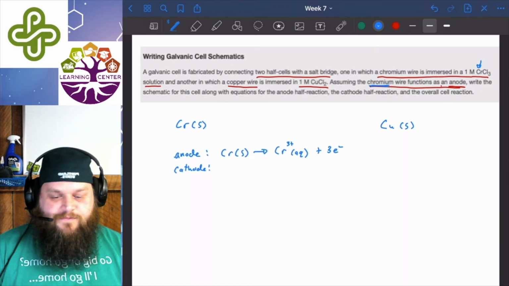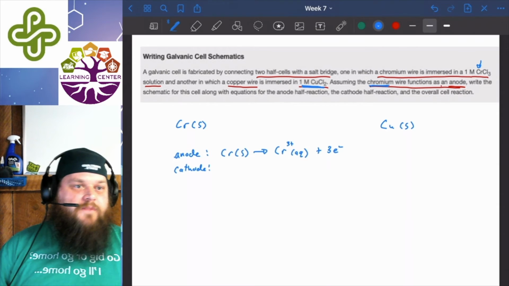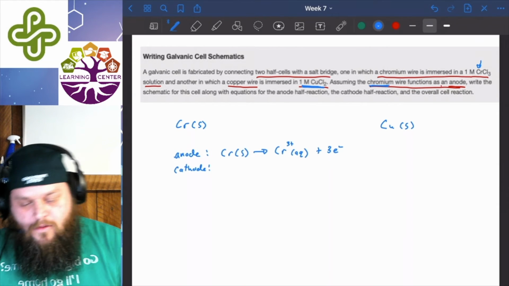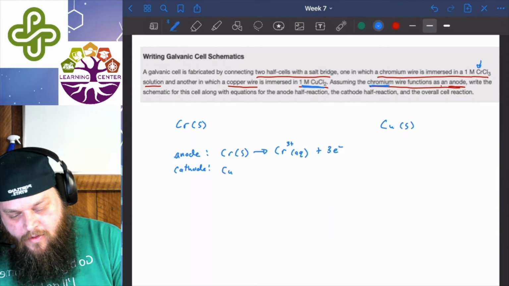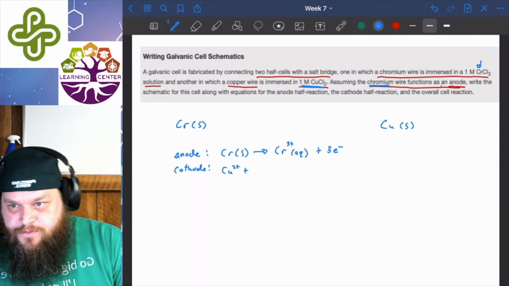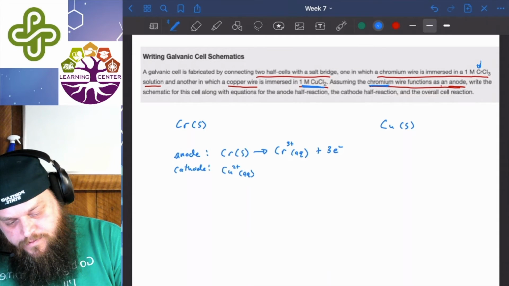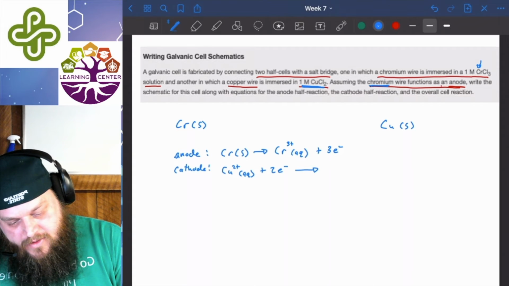Then we know that because here is our copper chloride, copper 2 chloride for that matter. So we know that we're going to have copper 2+ aqueous plus 2 electrons. It's going to balance out to make copper solid.